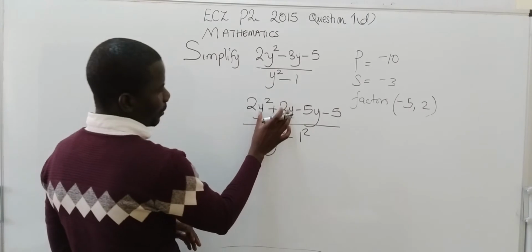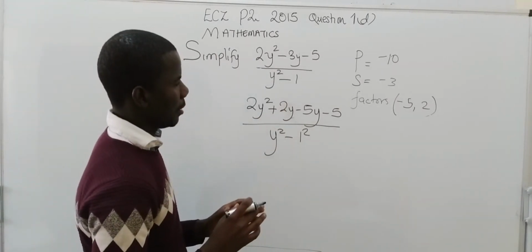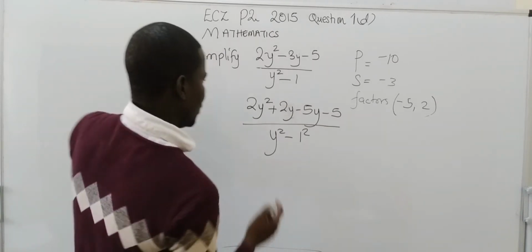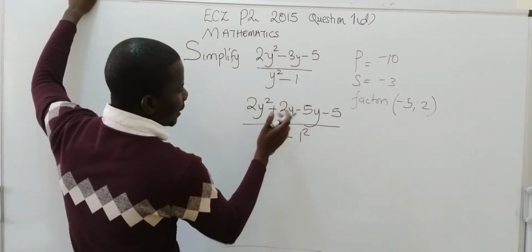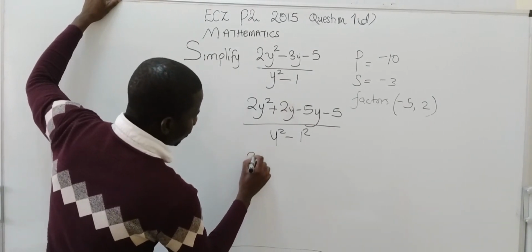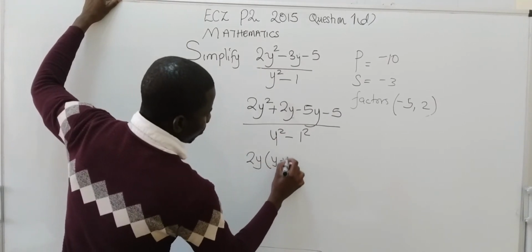So we need to factorize this part now using the grouping method of factorization. When you look at the first part, what is common here? What is common on the first part is 2y. Then here we're going to have y plus 1.